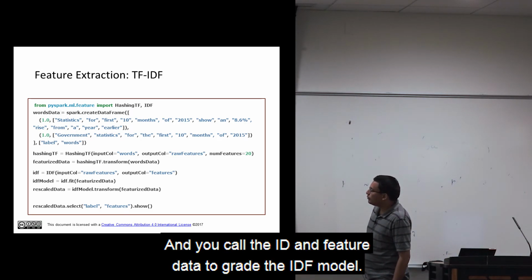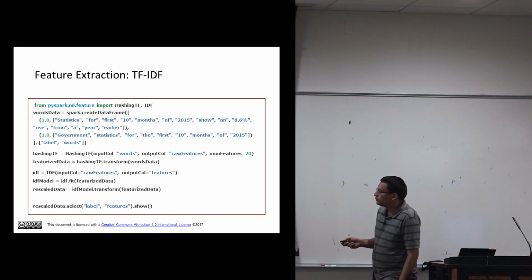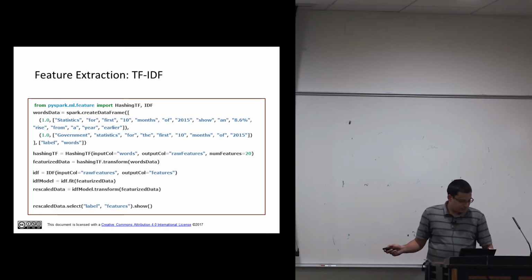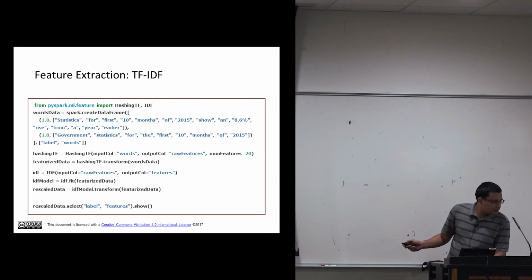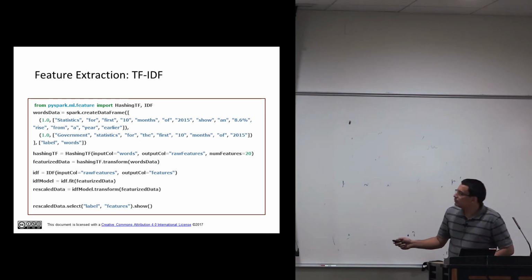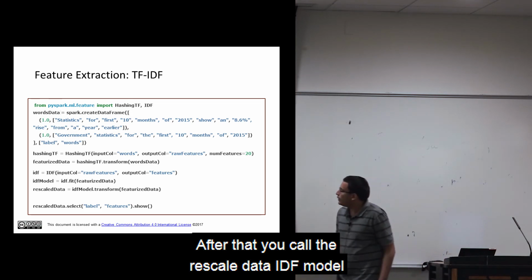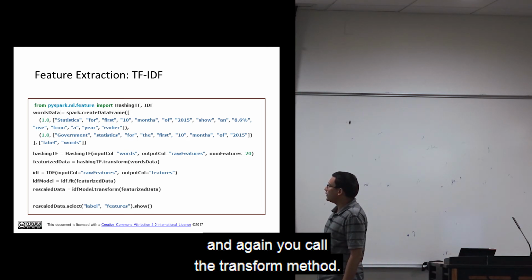And you call idf.fit on the feature data to create the IDF model. After that, you call the rescale data with the IDF model, and again you call the transform method.